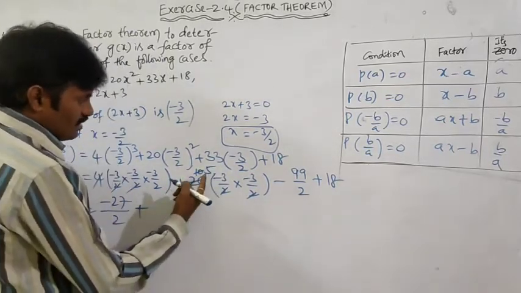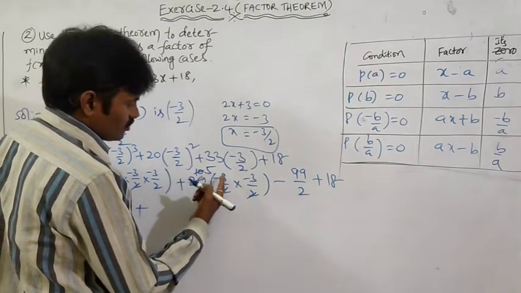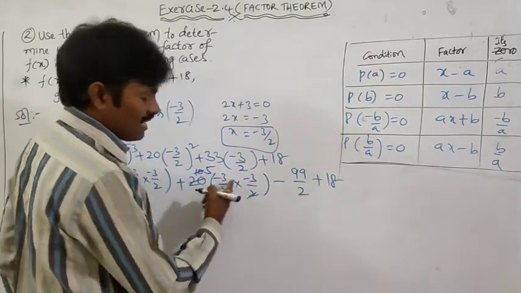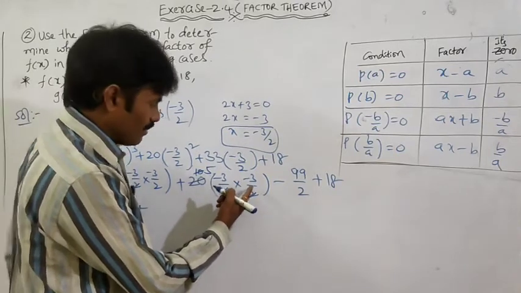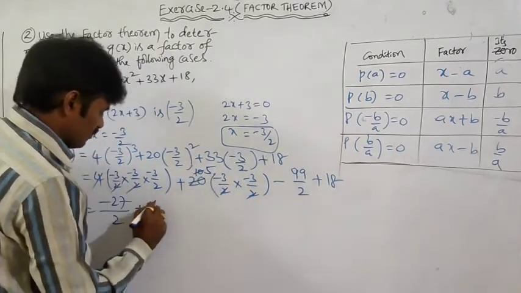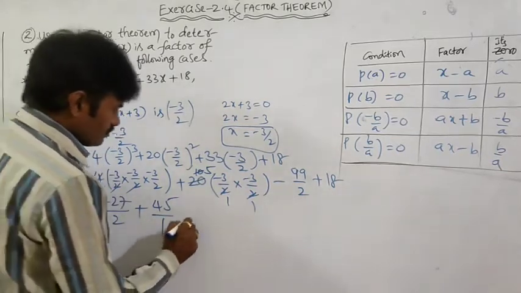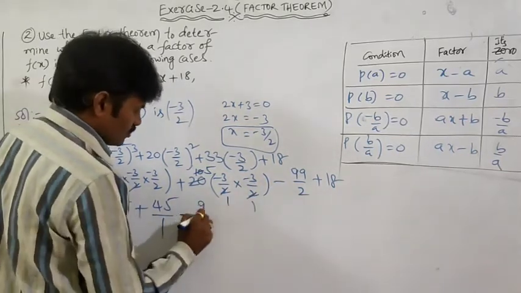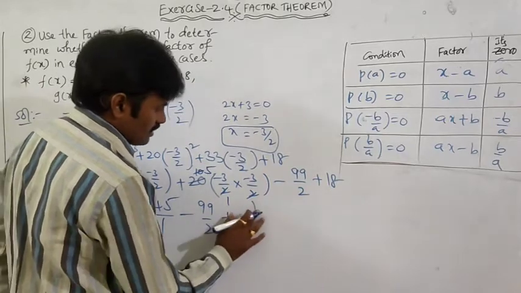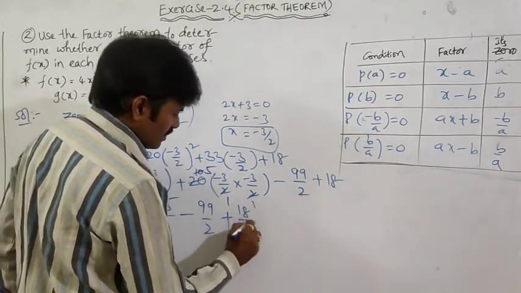So what is the remaining in the numerator? 5 into minus 3 into minus 3, minus 3 into minus 3 plus 9, am I correct? 9 into 5, 45. Is there anything in the denominator? 1 itself, 1 into 1, 1, minus 99 by 2 plus 18, 18 can be 18 by 1.